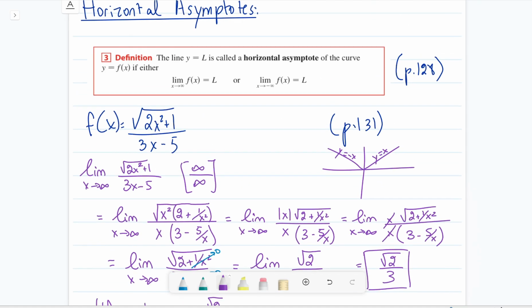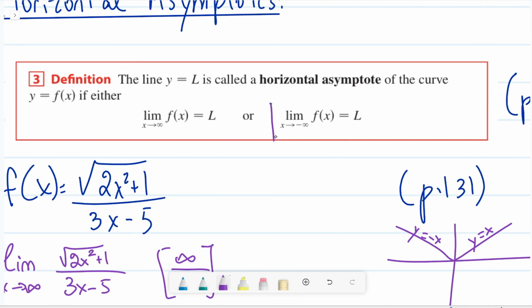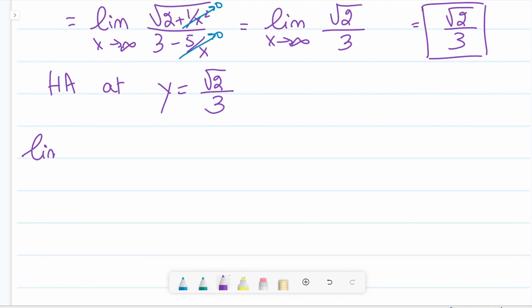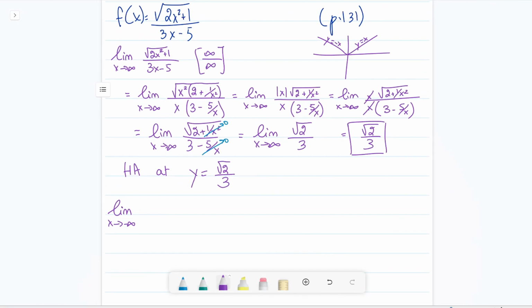Now, looking at the definition, let's also find the limit of f of x as x approaches negative infinity. Let's copy the function, square root of 2x squared plus 1 divided by 3x minus 5.